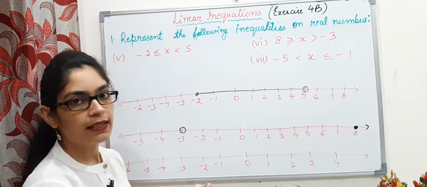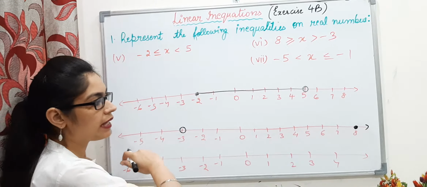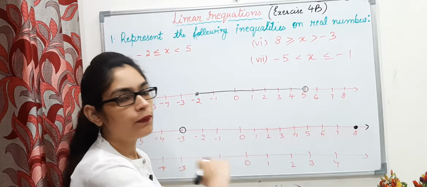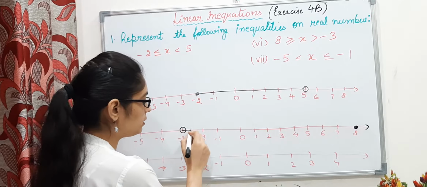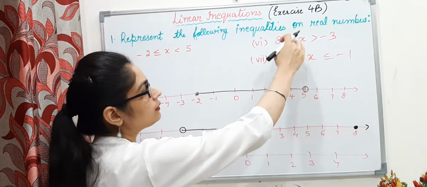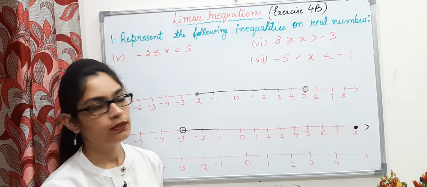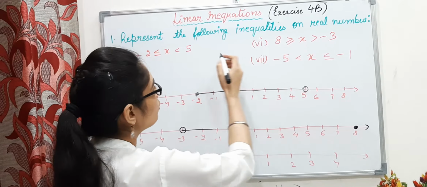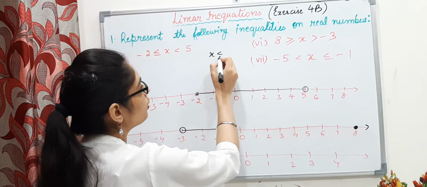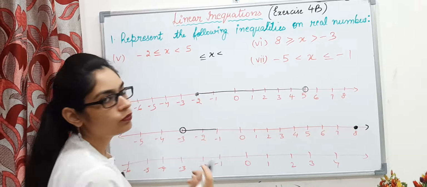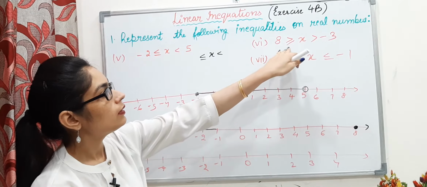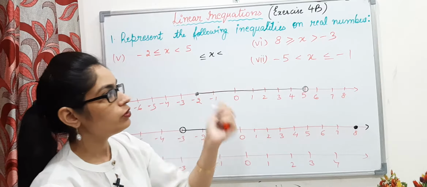See, x is greater than -3. Greater than means we have to move towards the right side of -3, and x is less than 8. If you want, you can write it this way to remove confusion. From which number is x greater?